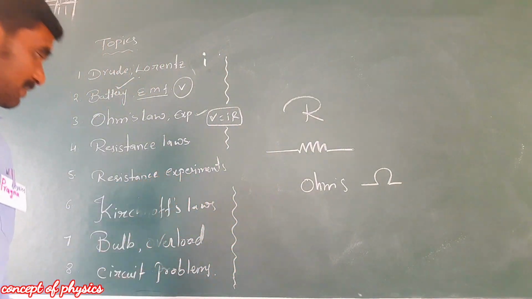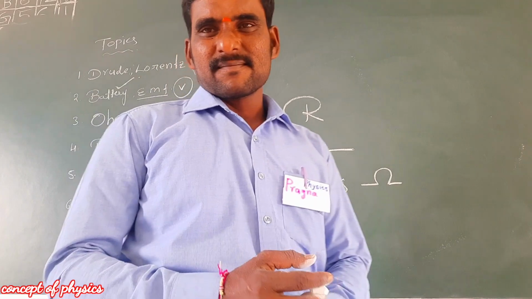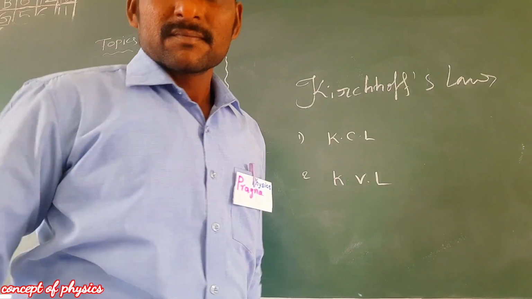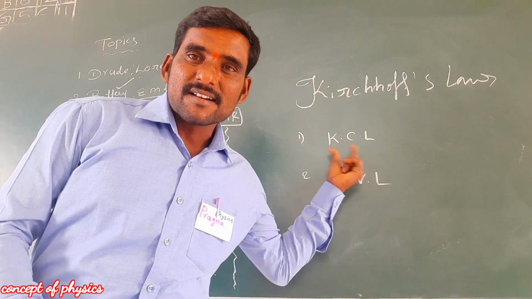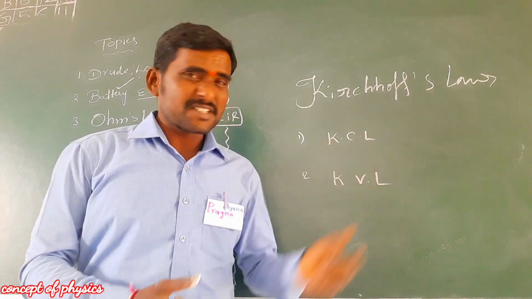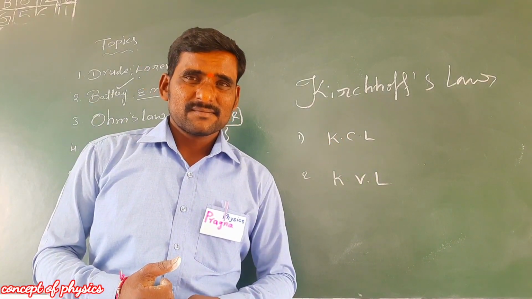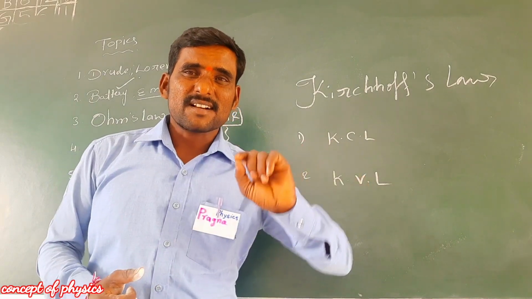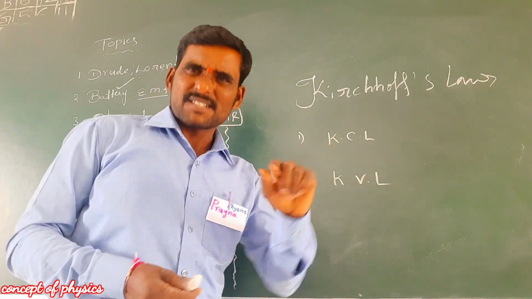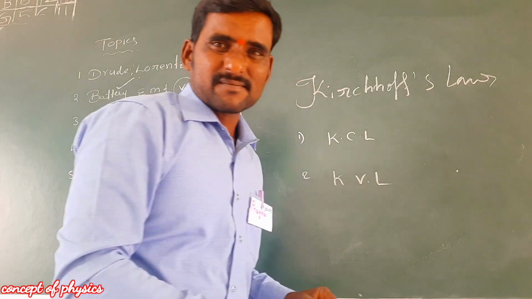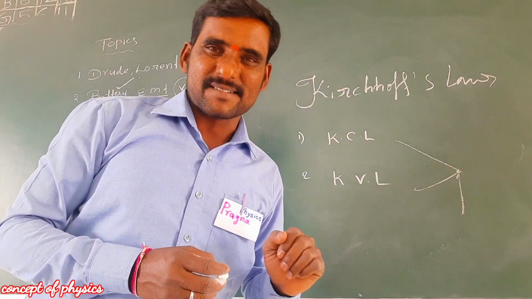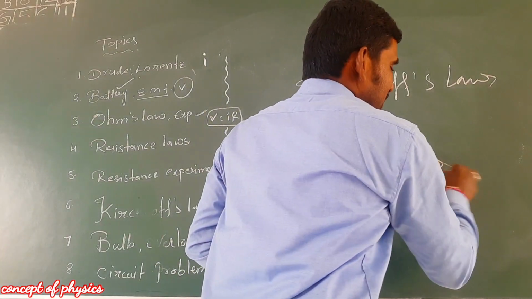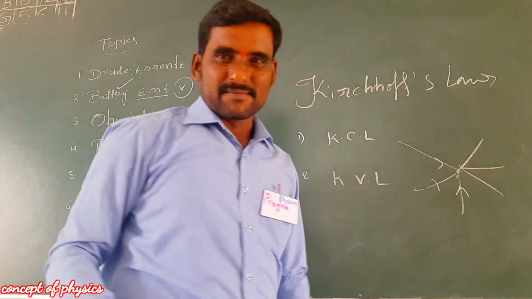So next, Kirchhoff's laws. There are 2 laws. One is the junction law, the other is the loop law. The junction law is also called KCL, Kirchhoff's current law. That is very simple. At any junction, the sum of incoming currents is equal to the sum of outgoing currents.